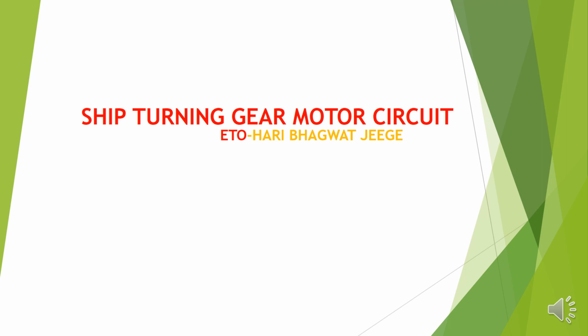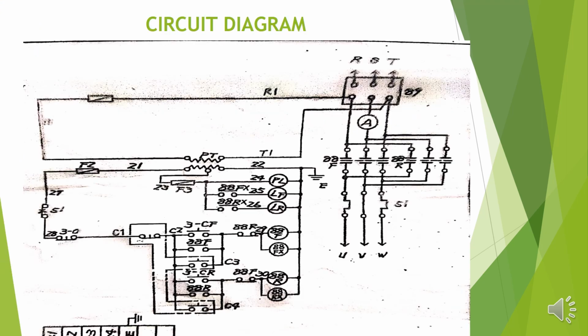That is the topic we are mostly going to discuss in this video. So we already know that the circuit is divided into two parts. First is the power circuit. You see, this is the power circuit and this is the control circuit.